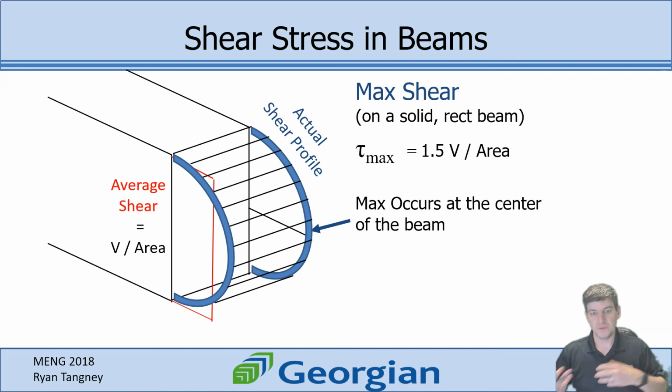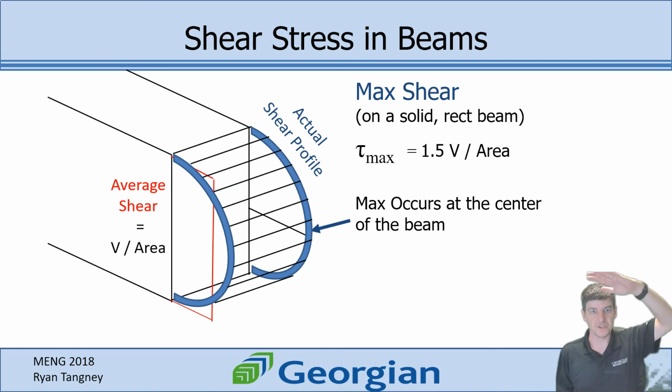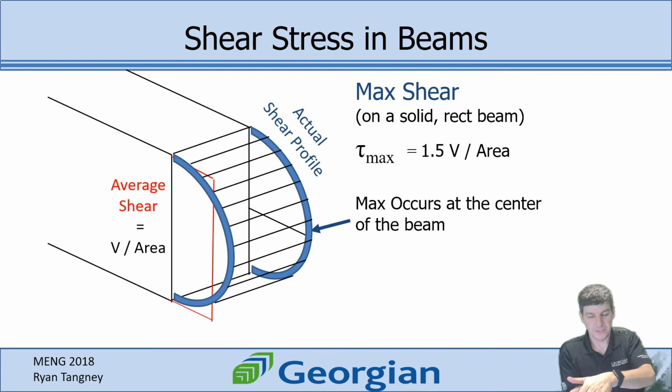So where the tensile stress or the compressive stress was maximum on the outer surfaces, the shear is maximum on the inner surface, okay, right at that neutral axis. And the maximum shear in a rectangular object is about 50% more than that average shear. So 1.5 V divided by your area gives you the maximum shear. And all different shapes of objects have different maximum shear values.